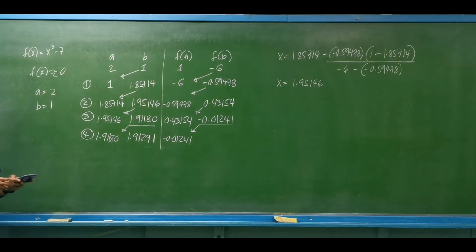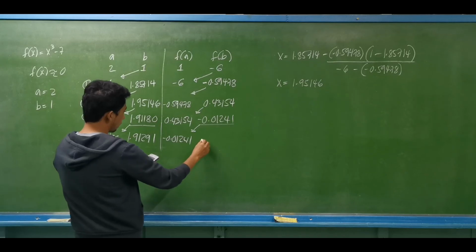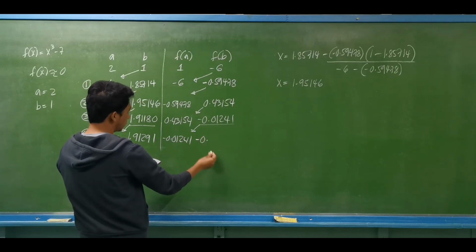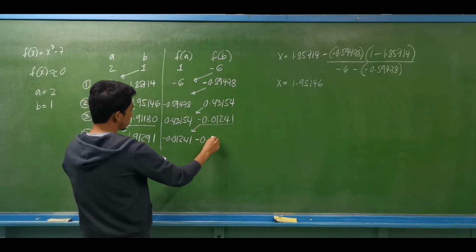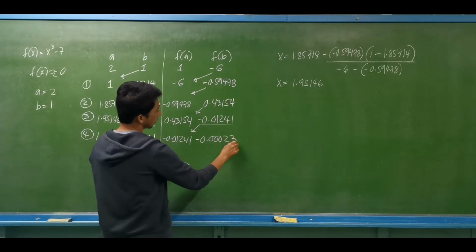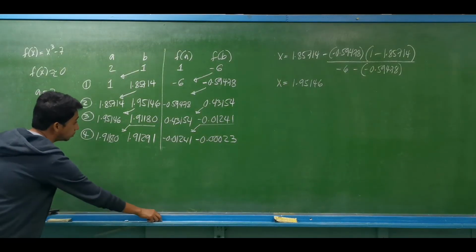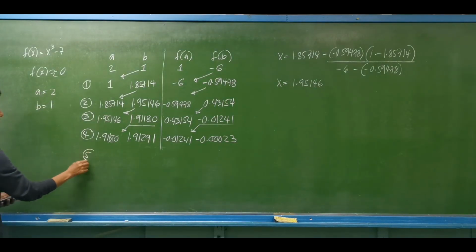So we have 1.91291 cubed minus 7. So this is now a very small value, negative 0.00023. Alright, so we may stop here, but let us do, let's say, 5 iterations.